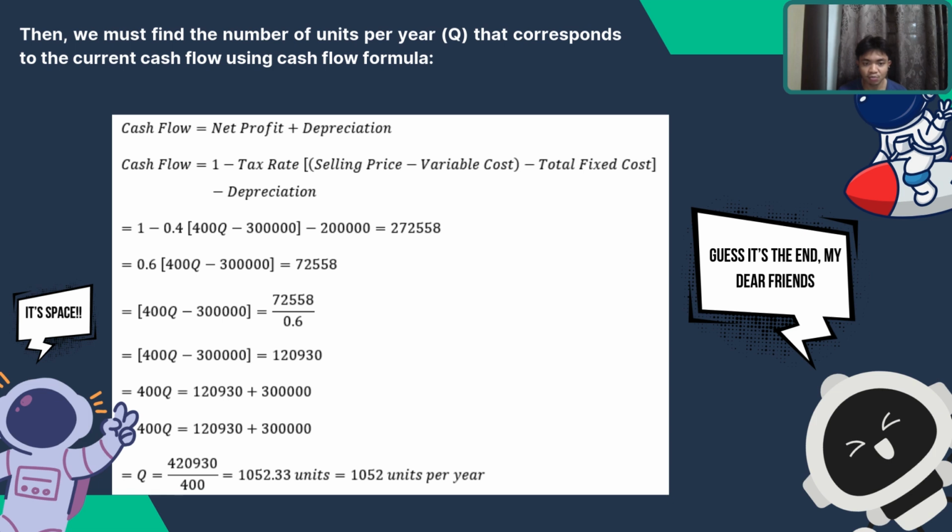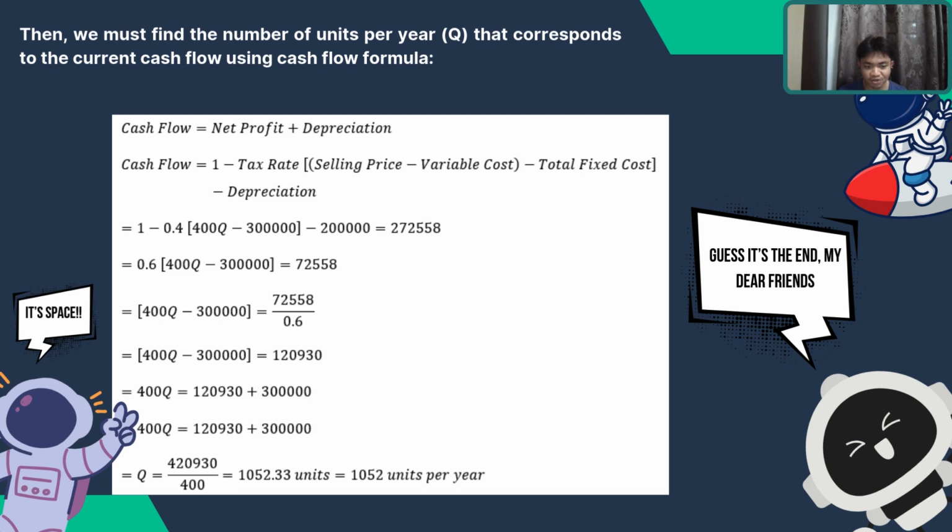272,558. And then we modify the calculation again, which we will get 0.6, in brackets 400 Q minus 300,000 equals 72,558. Then we divide the 72,558 by 0.6, which we will get 120,930. And then we bring the 300,000 to the other side of the formula, which we will get 400 Q equals 120,930 plus 300,000.